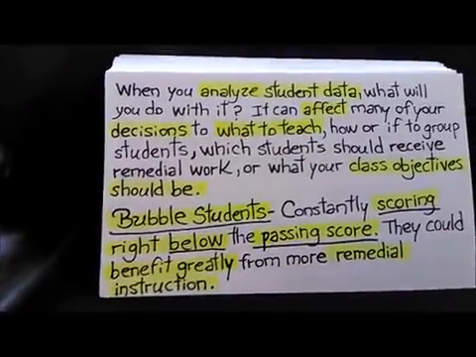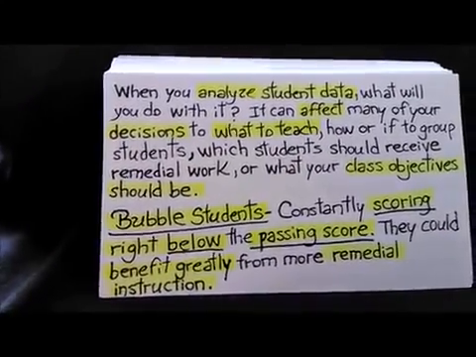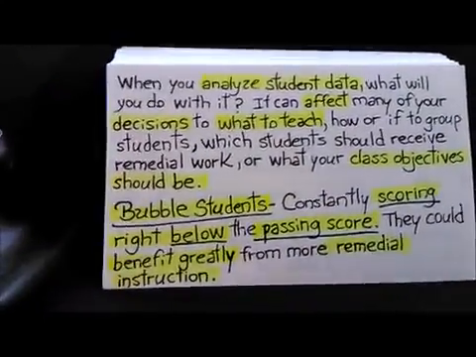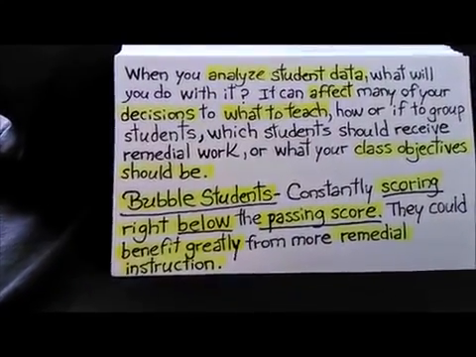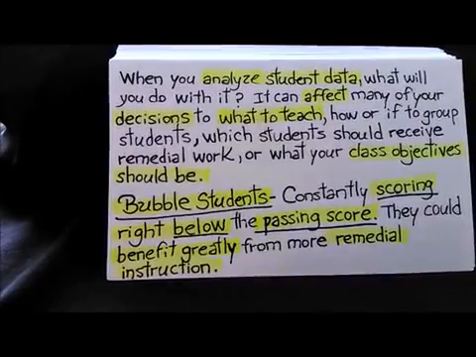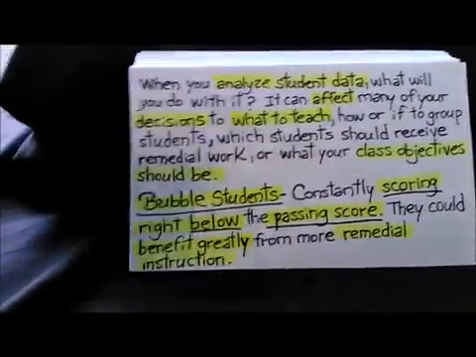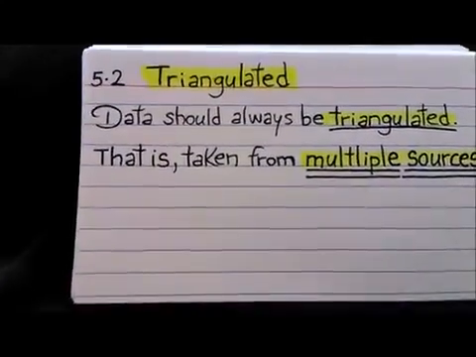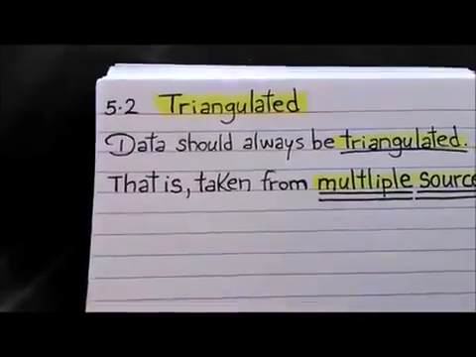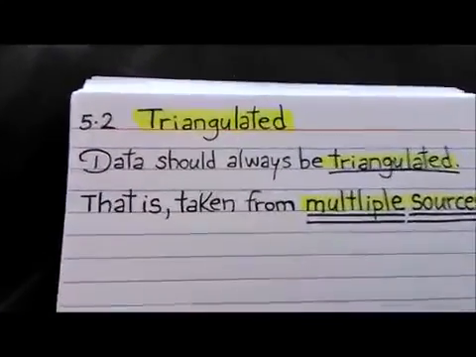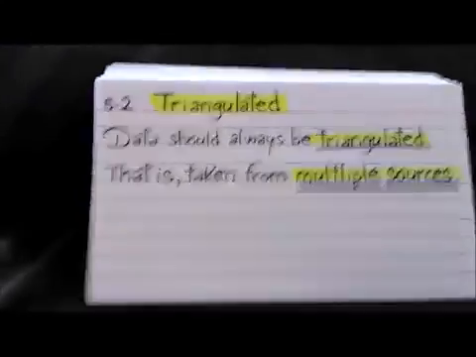Bubble students are constantly scoring right below the passing score. They could benefit greatly from more remedial instruction. Triangulated. Data should always be triangulated. That is, taken from multiple sources.